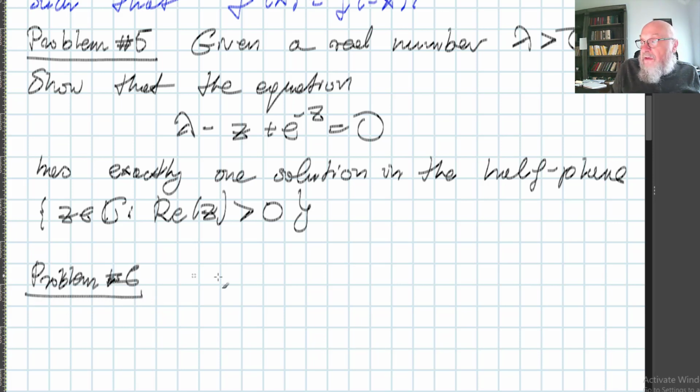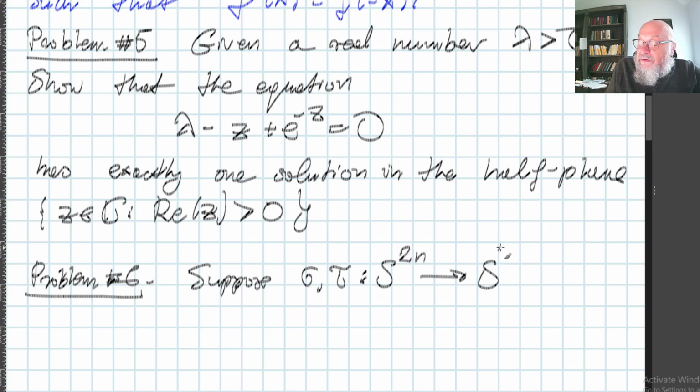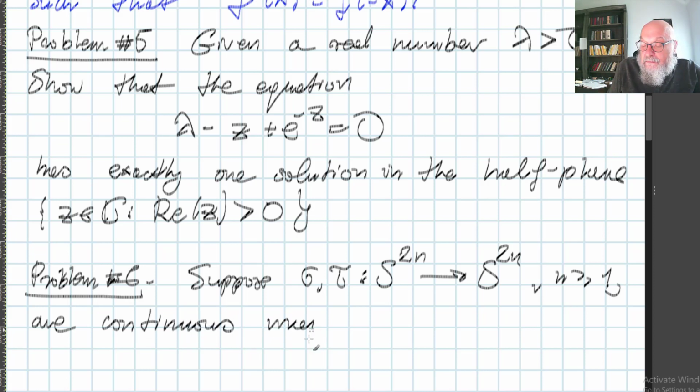Suppose we have two functions, maybe put it like this: sigma and tau, be two maps from Sn, n of course larger or equal to 1, this is an even dimensional sphere, continuous maps.